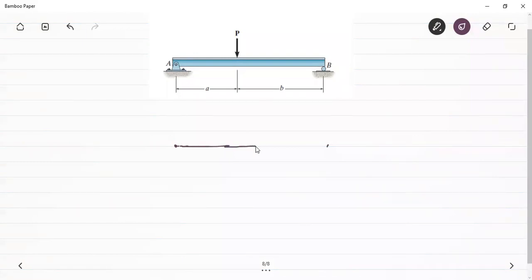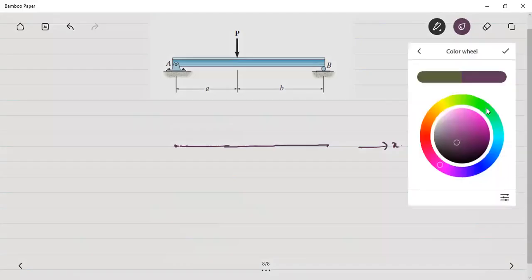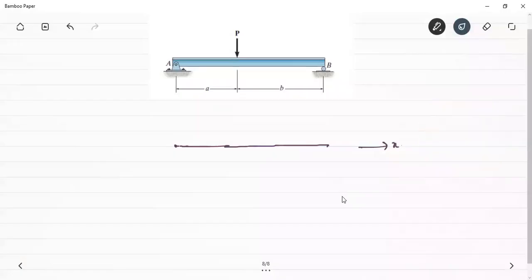This is the reference axis. X is defined from here. What was the shear force at A? See the previous slides. It was equal to how much? 350, because we had a reaction of 350 here.